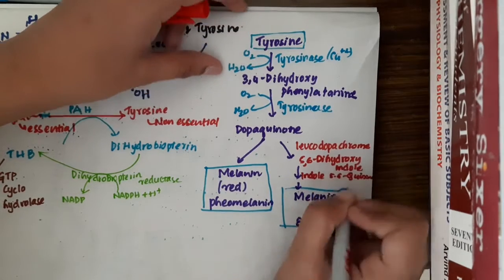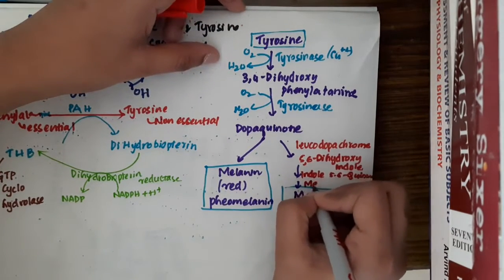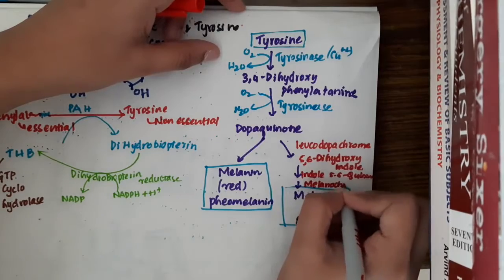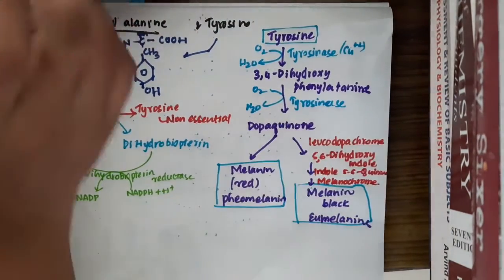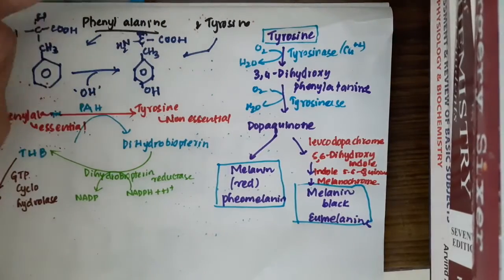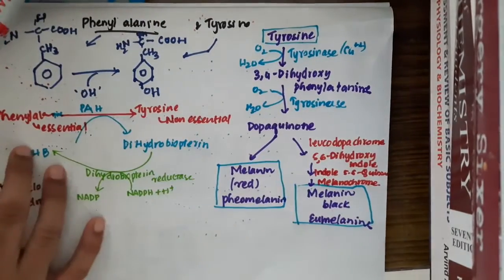This indole 5,6-quinone will form melanochrome, which finally forms melanin black. You don't need to remember these; only if you are done with everything, then try to remember this, or else not necessary.